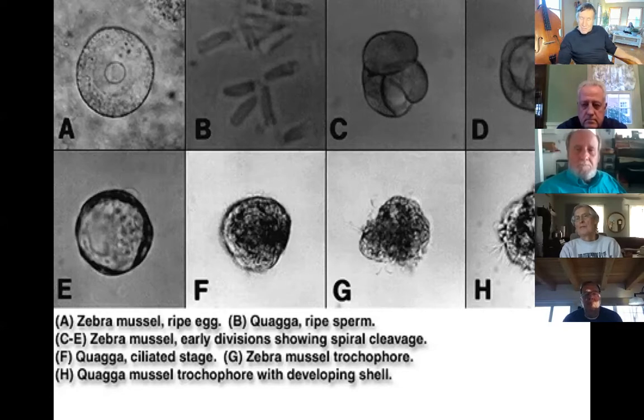Now, if zebra mussels had the same larval cycle as the freshwater mussels in the Great Lakes, that bilge water would have had to have a whole bunch of fish with the larvae stuck in their gills. But it turns out that zebra mussels, which are a freshwater mussel, have the exact same larval cycle as our marine mussel.